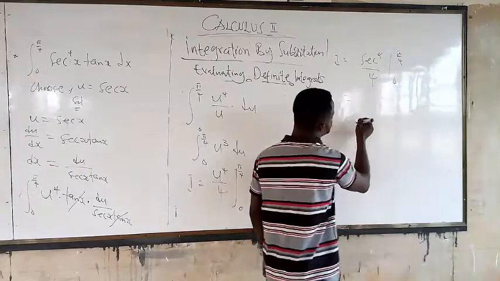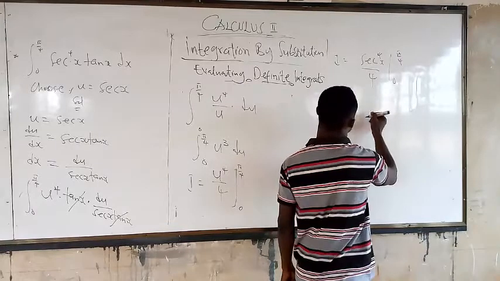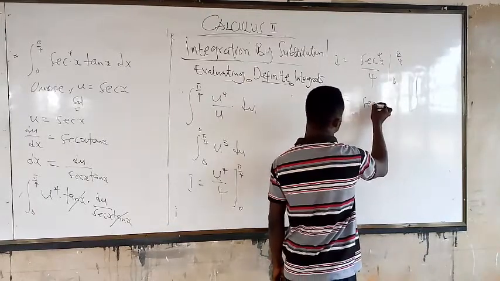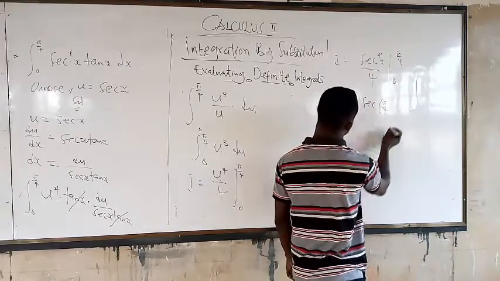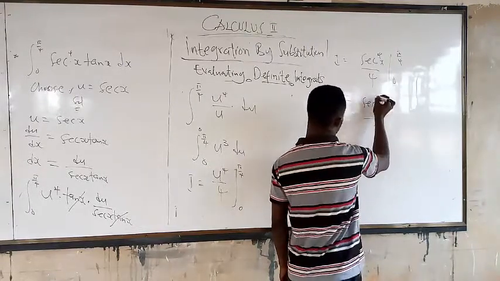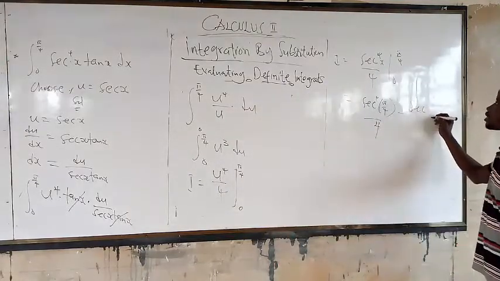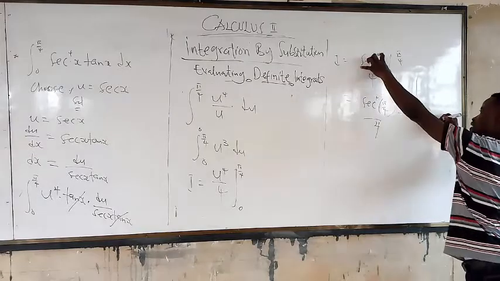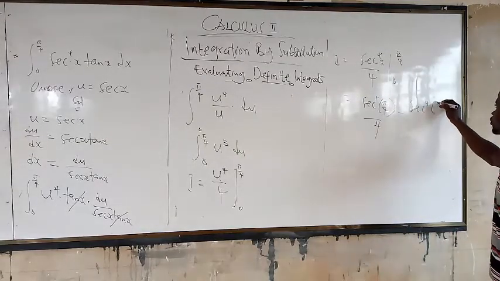So we get sec to the power 4 of pi over 4, over 4, minus sec to the power 4 of 0, over 4. Or you can replace it by capital F and do it that way. You can also do it straight away like this.